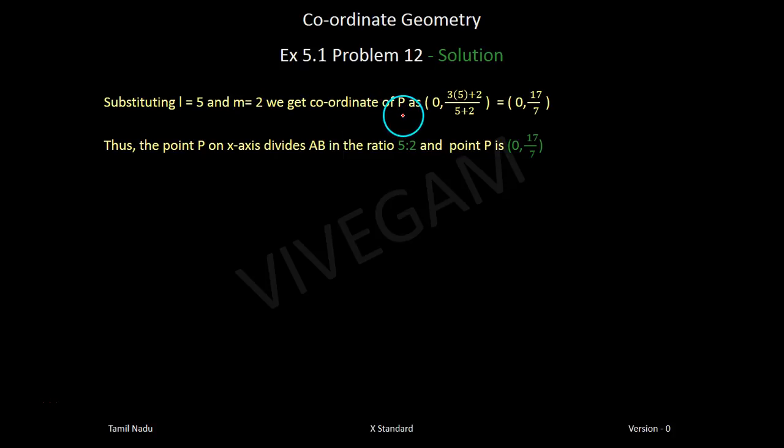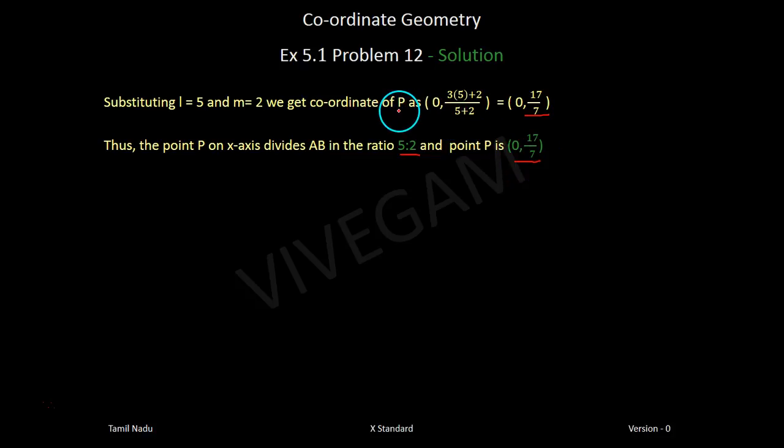We get the coordinate of P as (3 into 5 plus 2) divided by (5 plus 2). So the coordinate of P becomes 0, and 5 3s are 15, 17 by 7. So this is the coordinate of P. What is P? P is the point which divides AB. So P divides AB in the ratio of 5:2, and the coordinates of the point P are (0, 17/7).